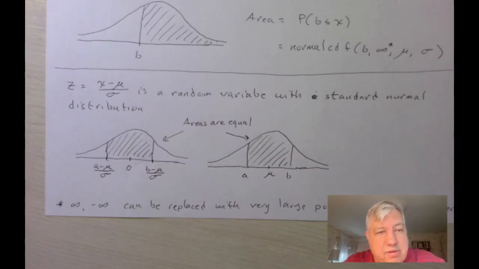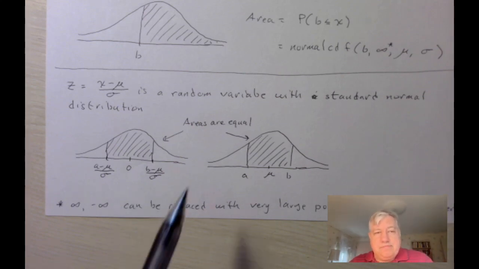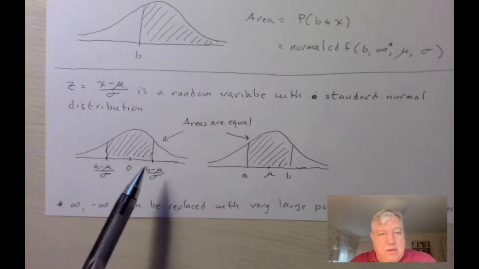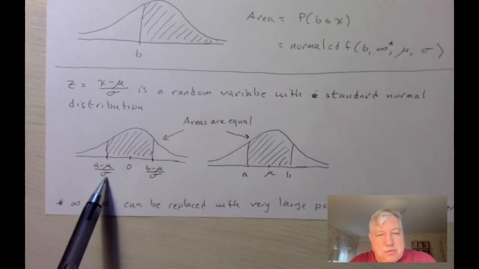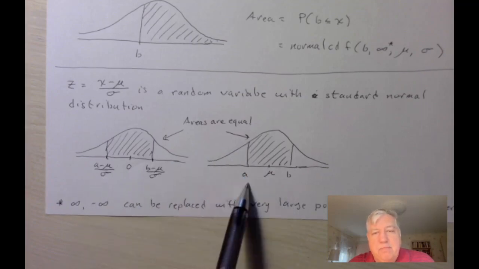If we define another random variable that depends on x, and if we define z to be x minus mu over sigma, we've seen this formula before when we talked about z-scores, but we can actually treat this as another random variable if x is a random variable. Then z being between these two numbers is the same thing as x being between a and b.